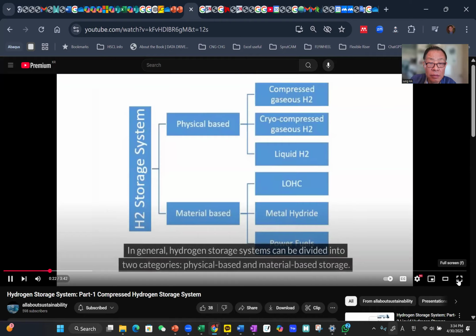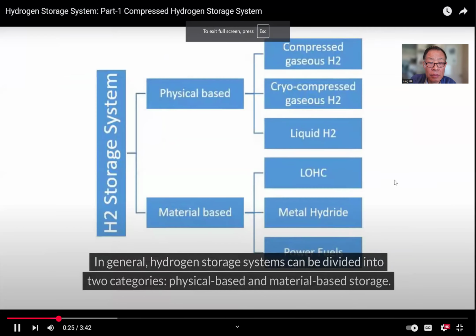In general, hydrogen storage systems can be divided into two categories, physical-based and material-based. Physical-based means, as shown in the chart, the state chart of density, pressure, and temperature, we have three different methods: CH2, CCH2, and LH2.